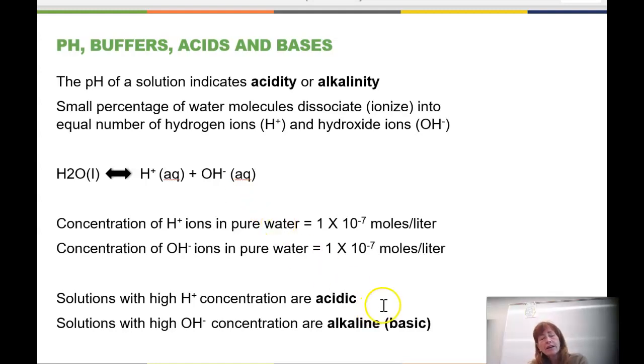But when there's a lot of hydrogen ions in some solution, then we say that produces something that's acidic. It means it's a solution that has a high hydrogen ion concentration. And then if something has high hydroxide ion concentrations, we say that those solutions are basic.